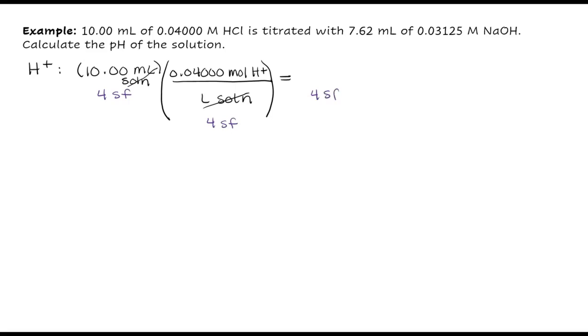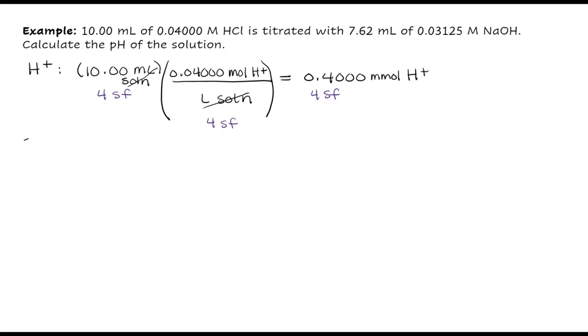That will leave us with 4 sig figs in our millimoles. So doing the math, we have 10.00 times 0.04000 rounded to 4 sig figs gives us 0.4000, and that's millimoles of H plus.